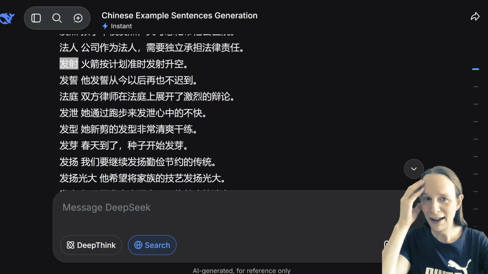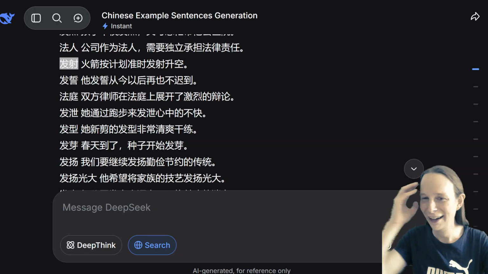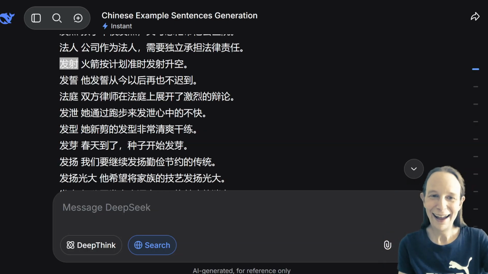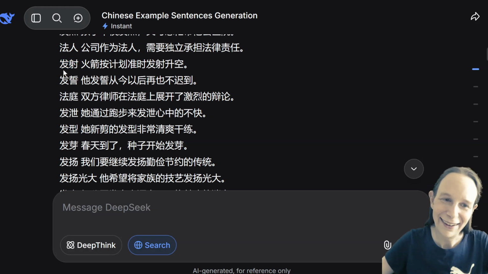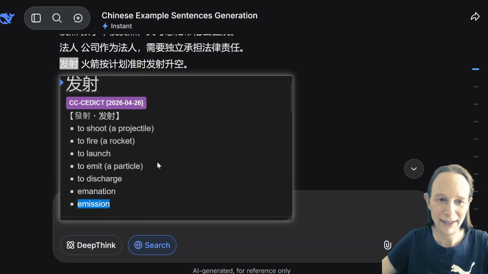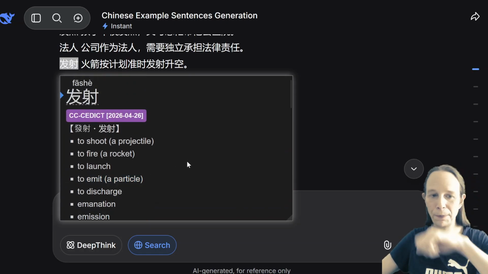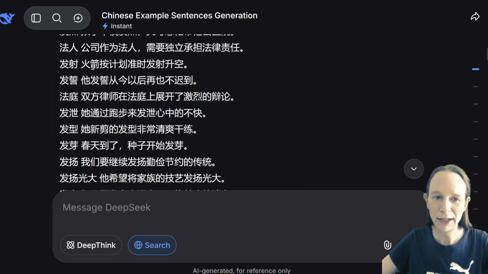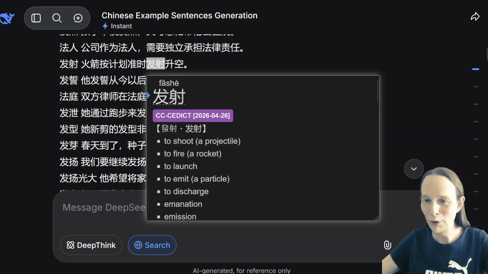This 发射, this is launch. 发射. Launch a rocket. Maybe there is a little bit of emission as well, but normally launch a rocket. 火箭按计划准时发射升空. The rocket was launched.